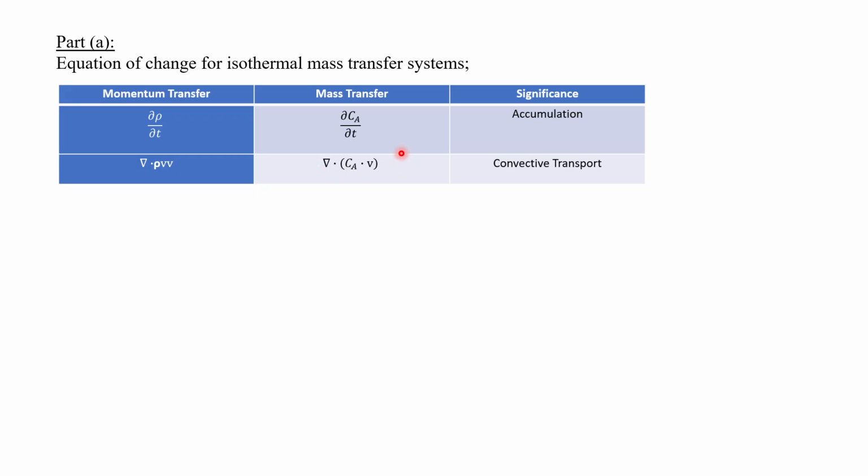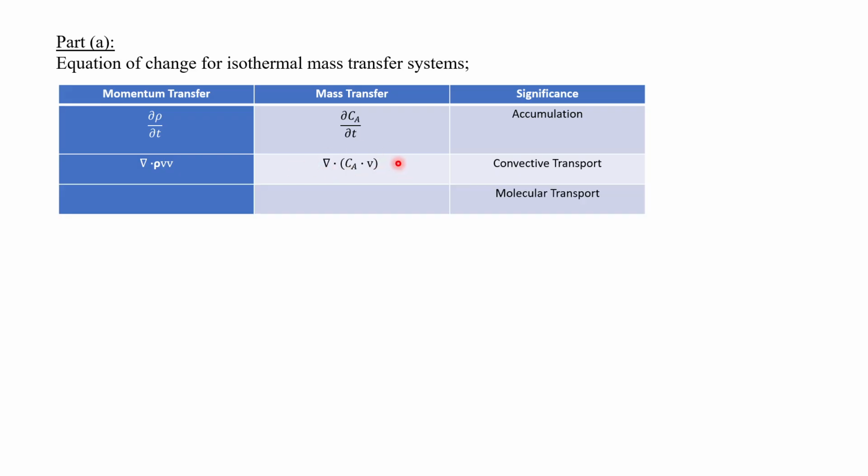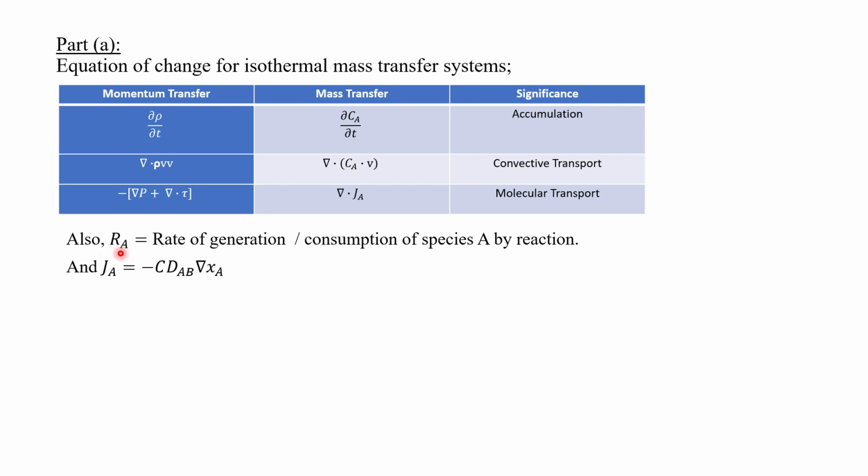In mass transfer, it will be grad dot CA times V. Similarly, for molecular transport, it will be this total molecular momentum flux, and the same will be here, grad dot JA, the molecular flux for mass transfer systems. We will also consider RA, the rate of generation or consumption of species by reaction. Since there is no reaction, RA will be 0 in our case.